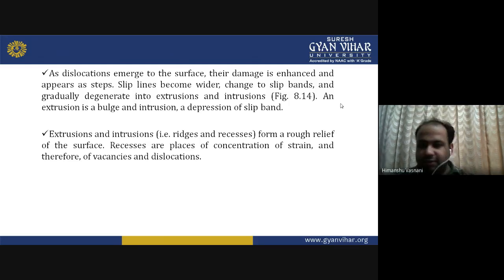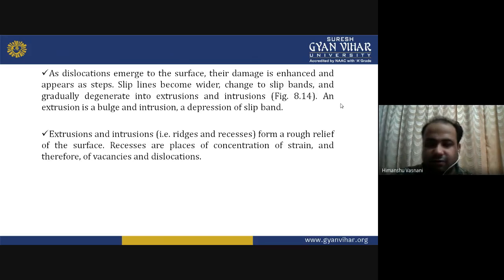Slip lines become wider, change to slip bands, and gradually degenerate into extrusions and intrusions. An extrusion is a bulge, and a depression of slip bands is called an intrusion.